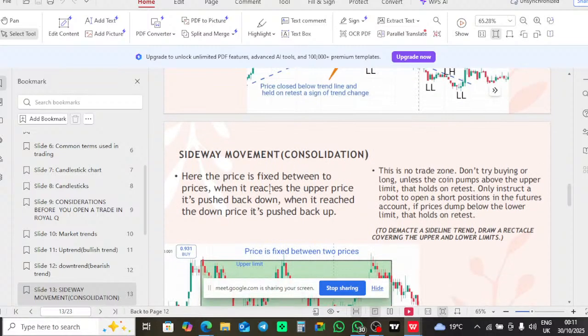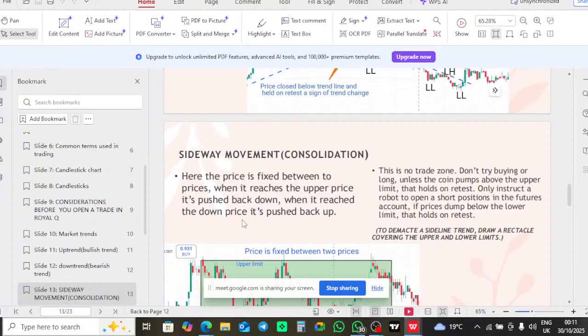Sideways movement. Here the price is fixed between two prices. When it reaches the upper price, it pushes back down. When it reaches the downward side, it pushes back.